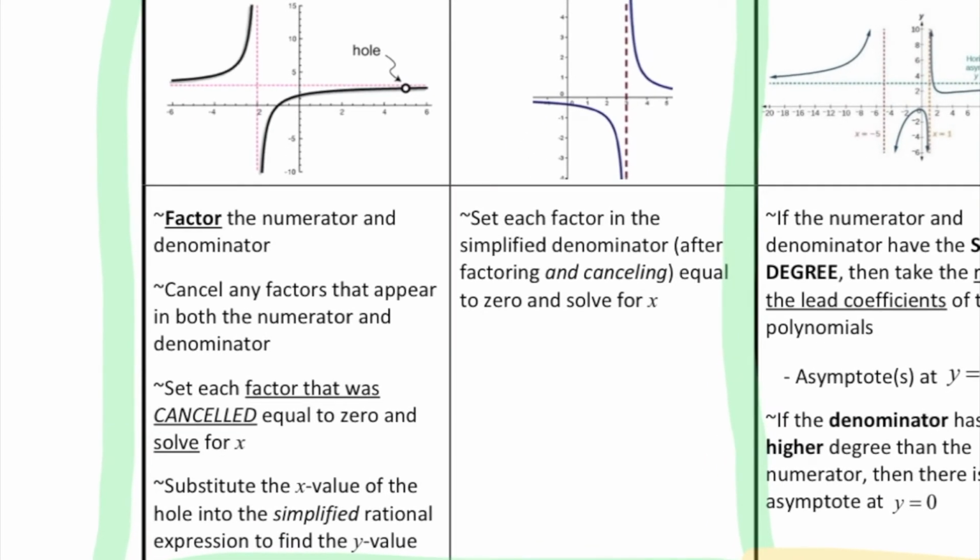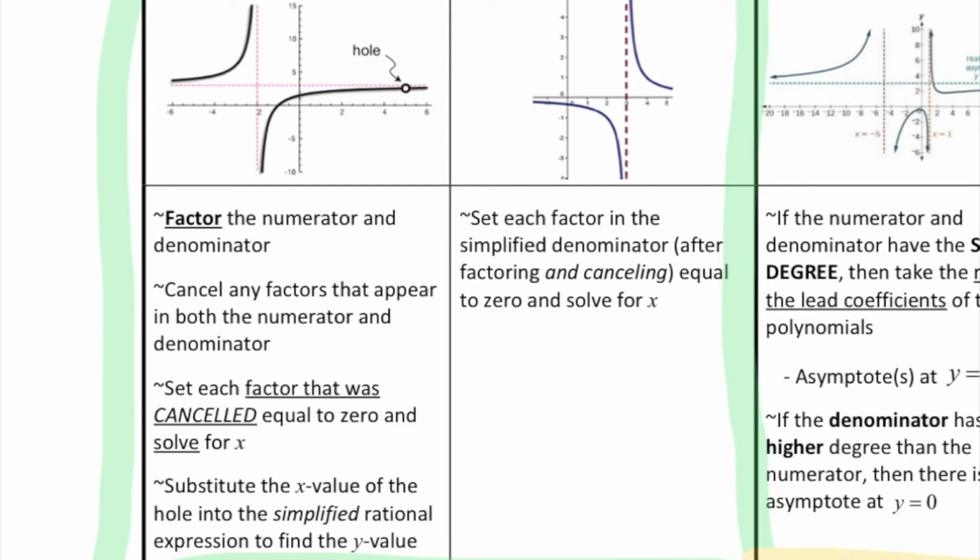When you look at numbers that are excluded from the domain, meaning any number that would make the denominator equal to 0, each x value that's missing from the domain is either a hole or an asymptote, can't be both.